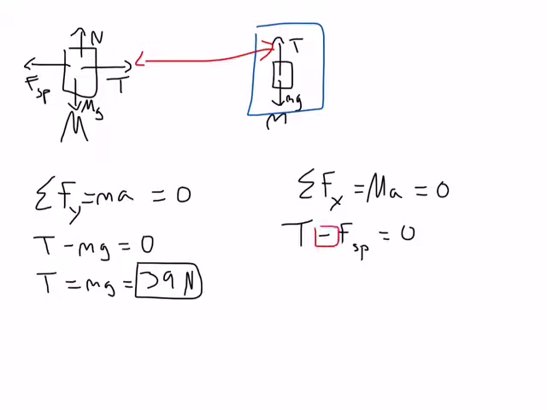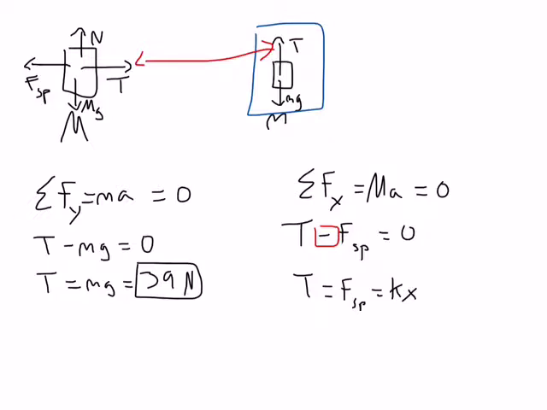This negative sign is what indicates direction. So I don't need to worry about the negative in the restoring force, because that negative just tells me it's opposite the direction the spring is stretched, which I've already done by putting that negative sign in there. So tension equals the spring force, which we know is kx.